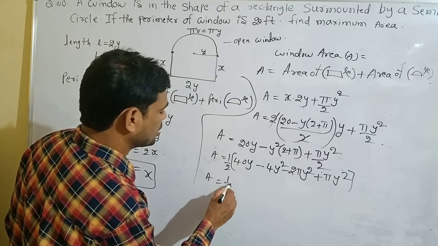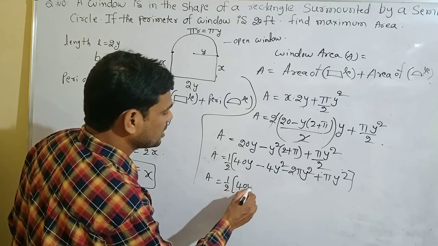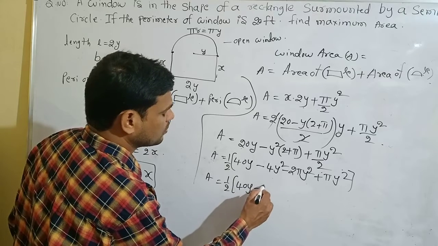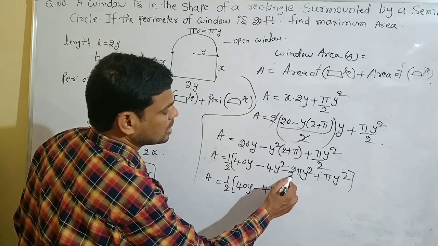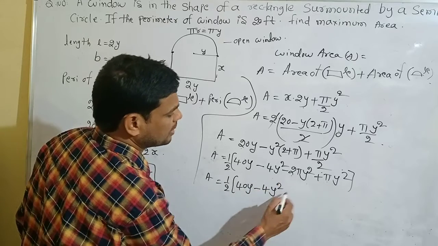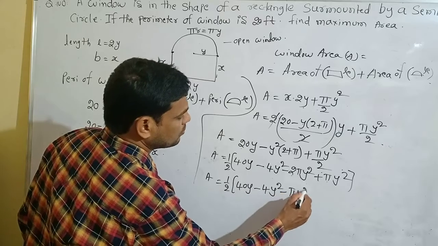A equal to 1 by 2 of 40y minus 4y square, minus 2 pi y square plus pi y square.